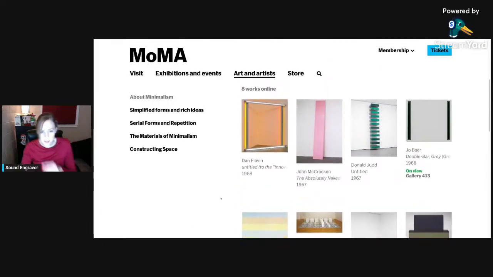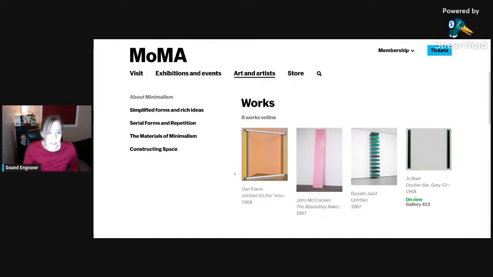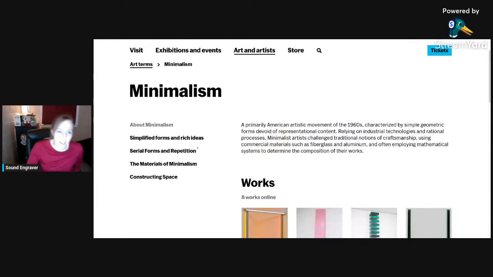And especially with Flavin, McCracken, Judd, and LeWitt, I'm going to be talking about their works a little bit. So that's the brief definition.